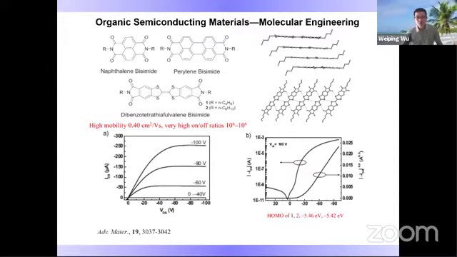These new materials are very different from the BTTF I showed in the previous slides. They showed a much higher mobility, about an order of magnitude higher, and a much higher on/off ratio, about 10^6 to 10^8, which means that our molecular design approach has been very successful.